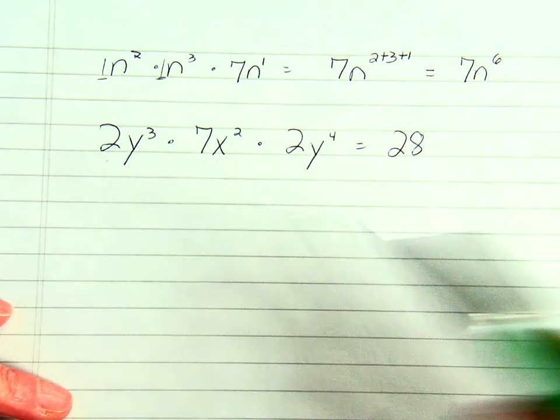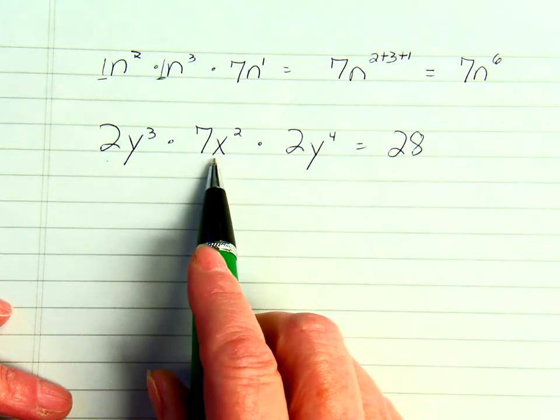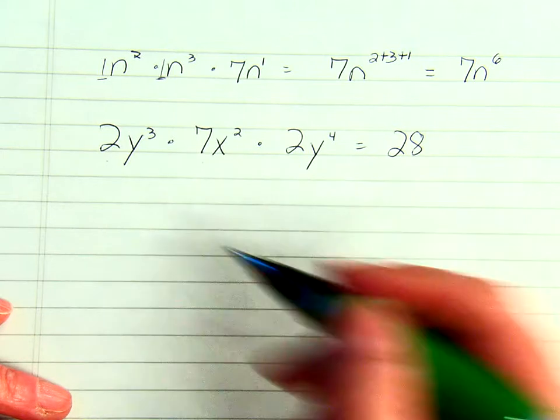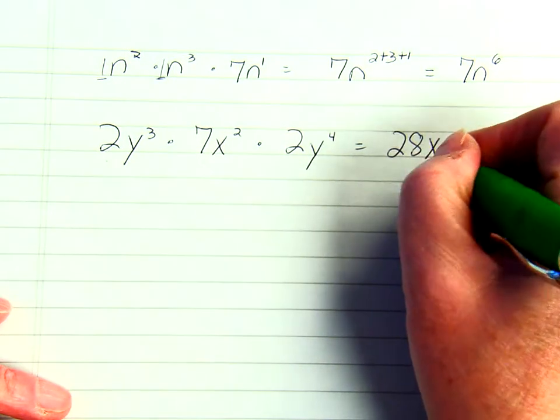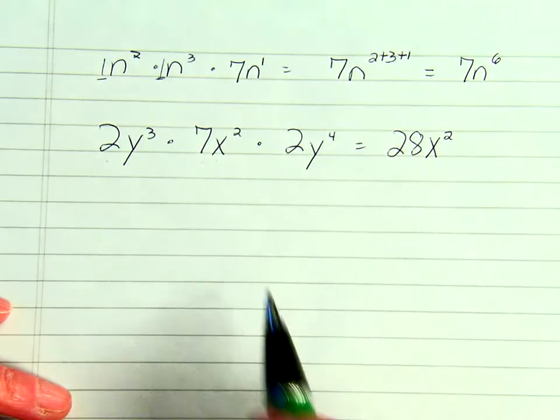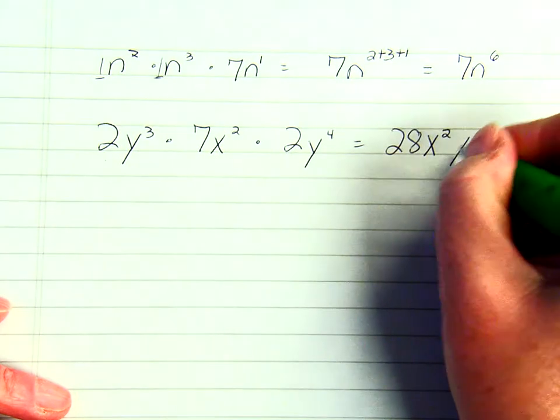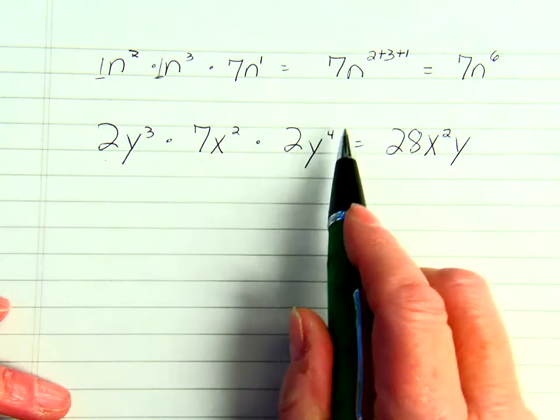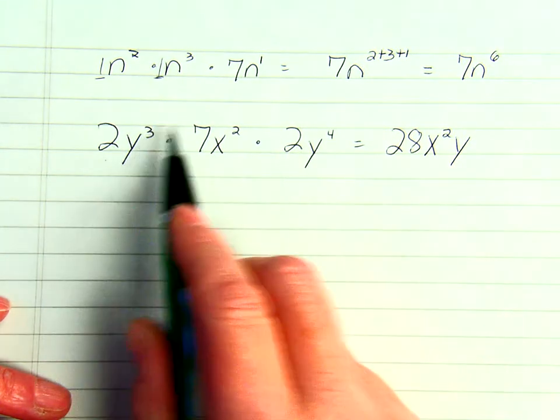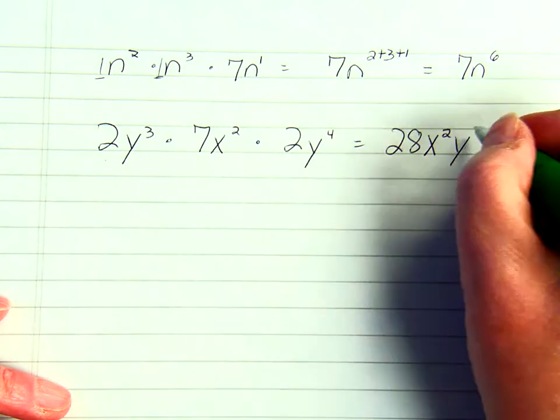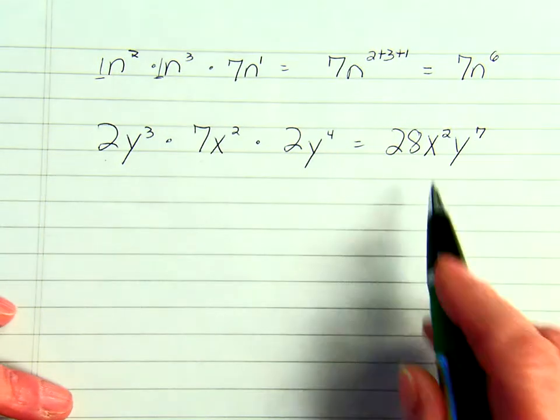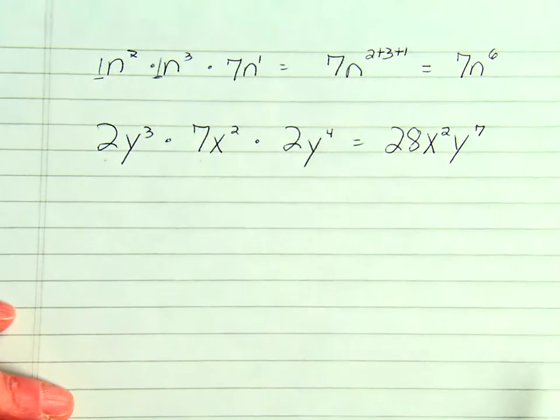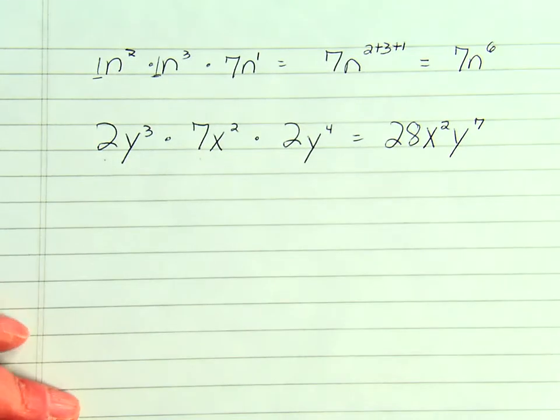Okay, x before y in the alphabet. So I'm just going to go to x first, and I see that I have no other x's here. So x squared just remains x squared. And now I'll put down my base of y, and I have y cubed and y to the 4th. So 3 plus 4 equals 7. So I end up with 28x squared y to the 7th.